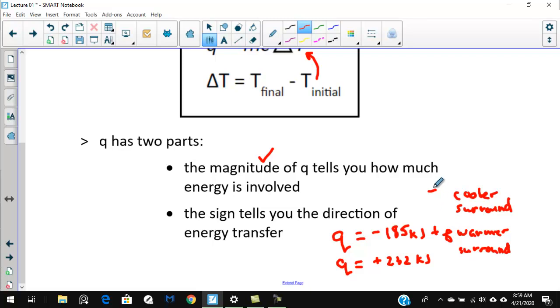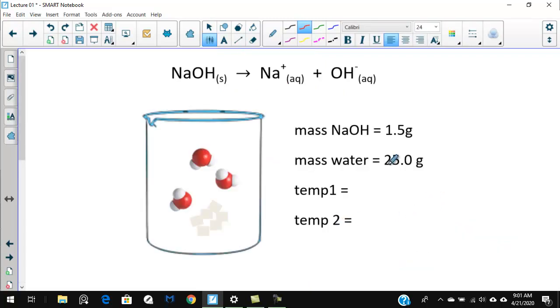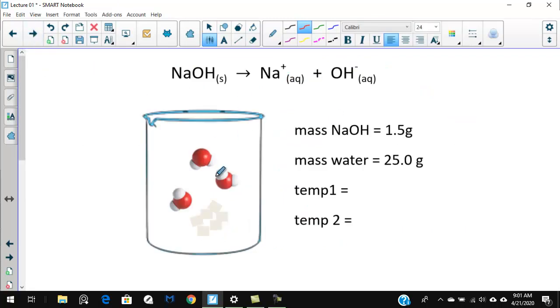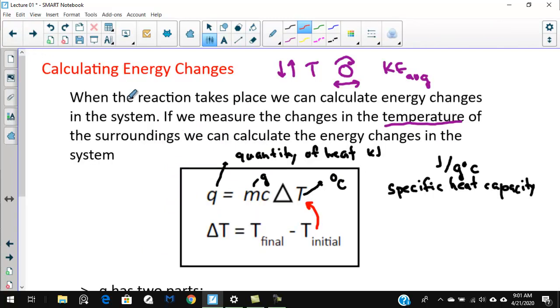Okay? Okay, so that gives you a fair number of things to think about. And before we get on and actually try and do a calculation, I'll do this in the next video. We'll do a calculation and show you how we calculate how much energy is involved. You want to take some time to read the textbook and get some ideas about energy changes and get a better understanding of what we mean by Q and changes of temperature and those kinds of things.